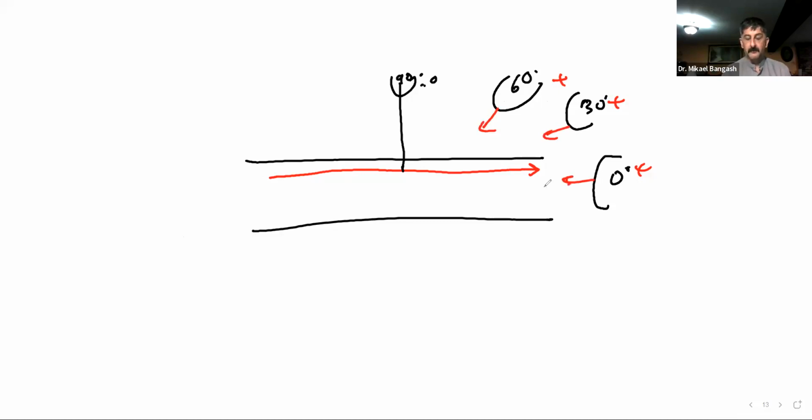This was positive, but if we scan from, let's say, over here at 120, 150 and 180 degree angles, you can see this is the direction from which we are scanning.